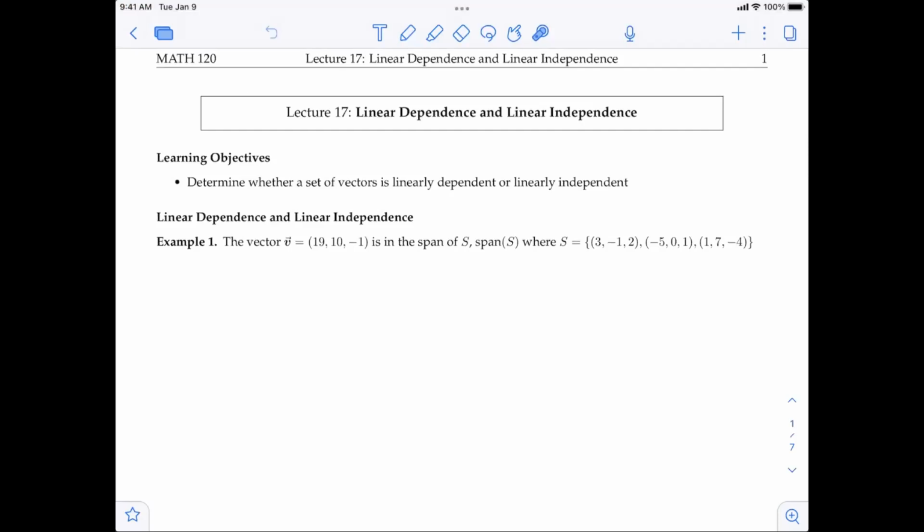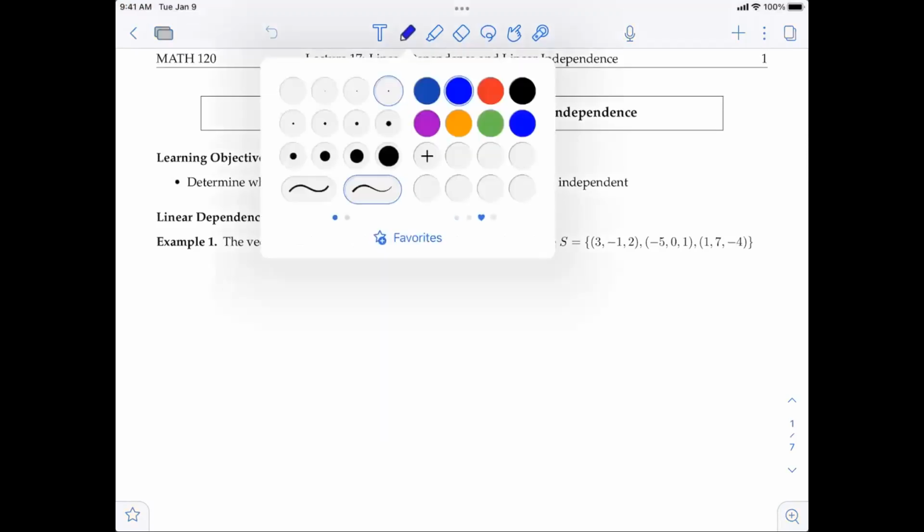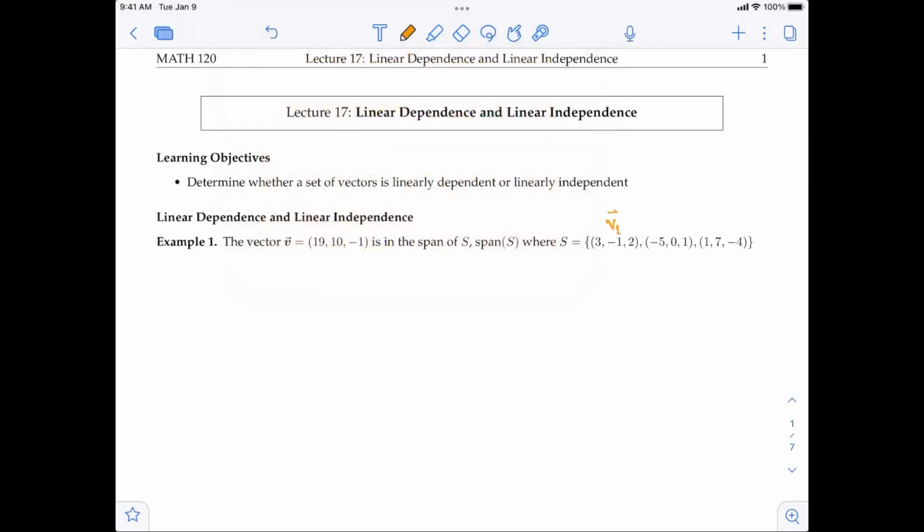The set S consists of three vectors, V1, V2, and V3.